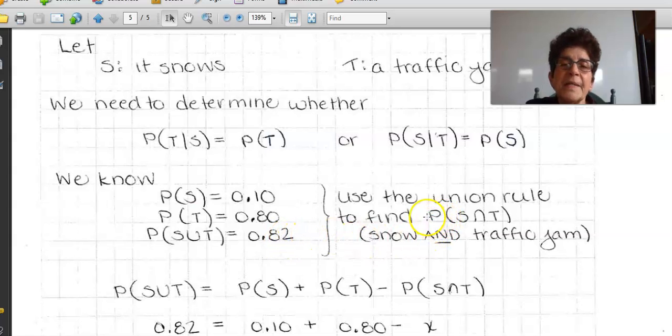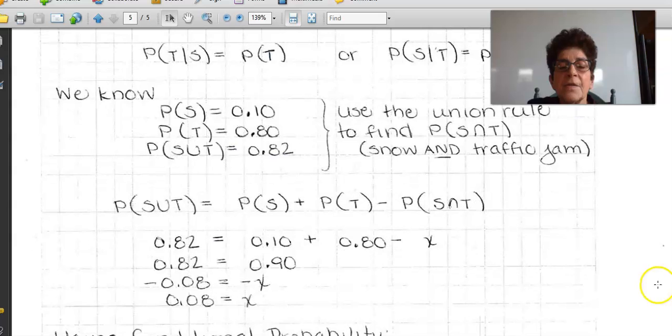We're going to do what we did before, where we're using the formula for the probability of a union to figure out the probability of S and T occurring together. So here's my probability of a union. I say the probability of snow or a traffic jam is 82%. The probability of snow alone is 10%. The probability of a traffic jam alone is 80%.